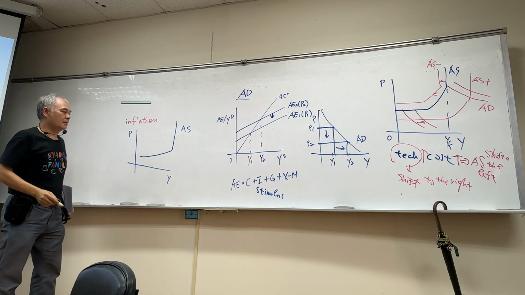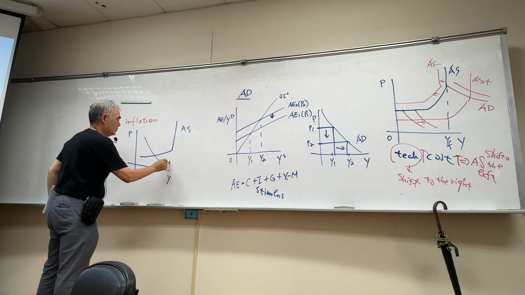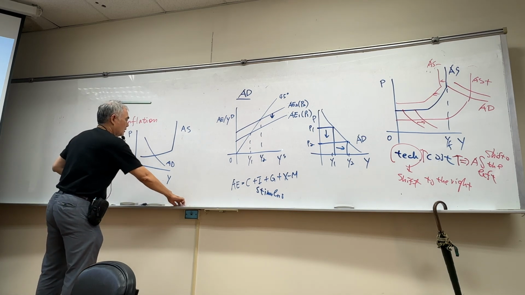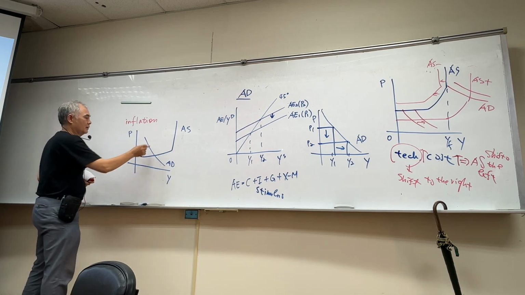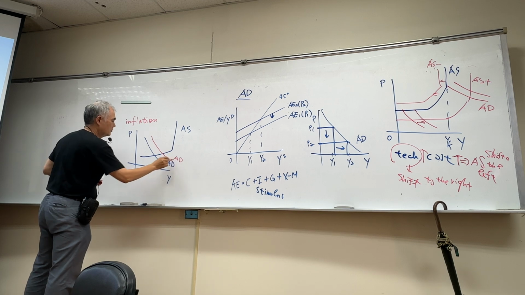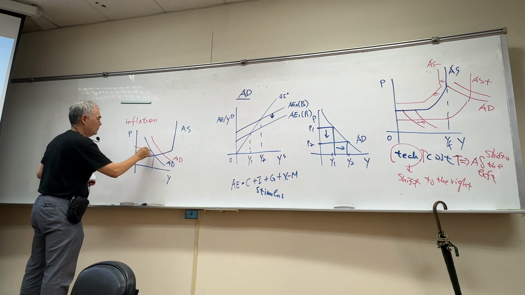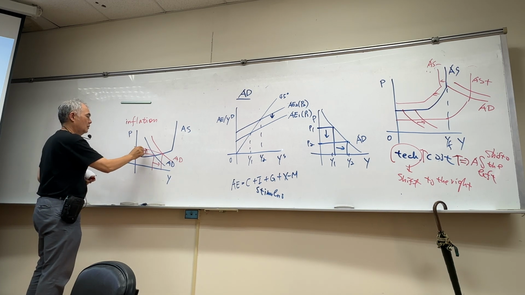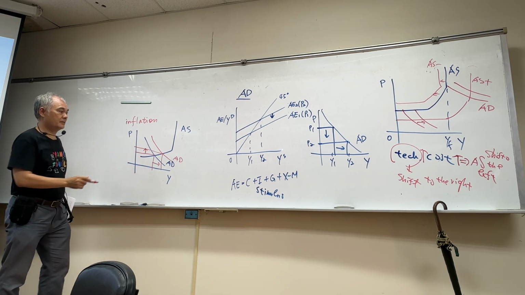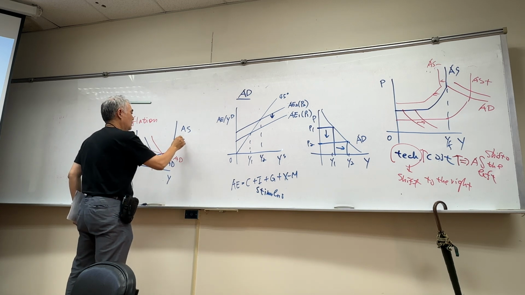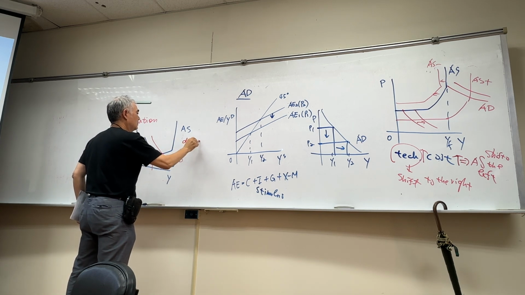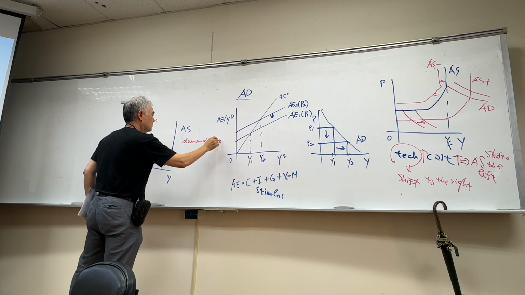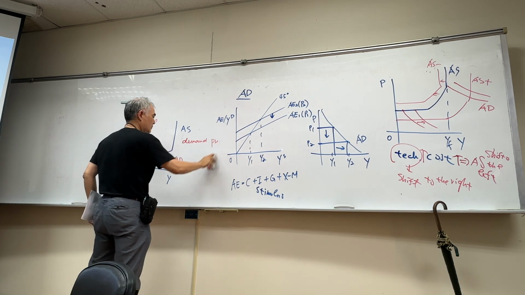Aggregate supply, and you have aggregate demand. Now, if you have an increase in demand, what you get is higher income, higher production, and also inflation. So this is what we call demand-pull inflation.